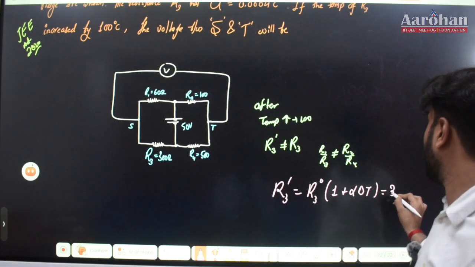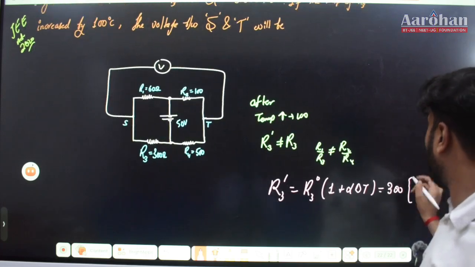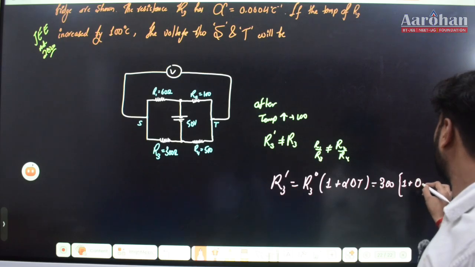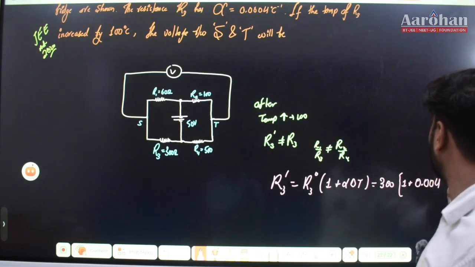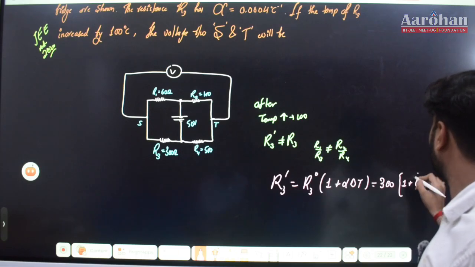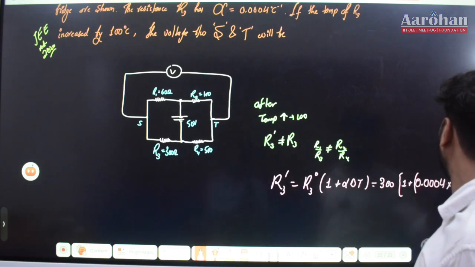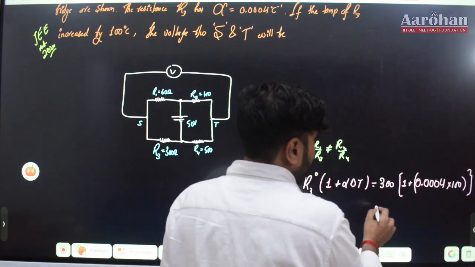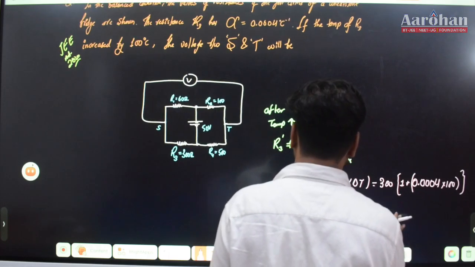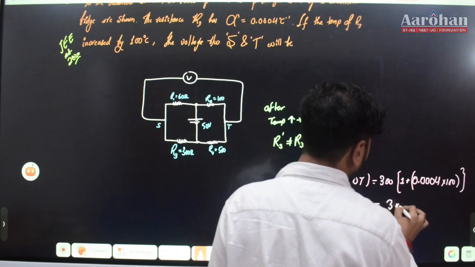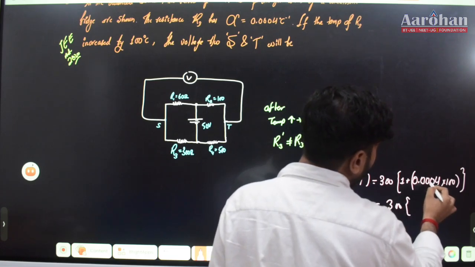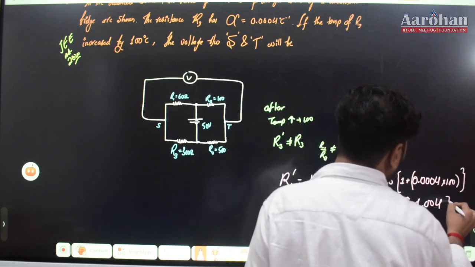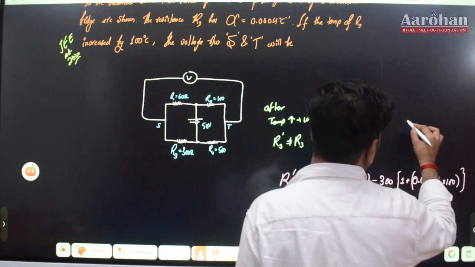Original is just 300, alpha is 0.0004, and delta T is 100. So this will be 1.004, right?